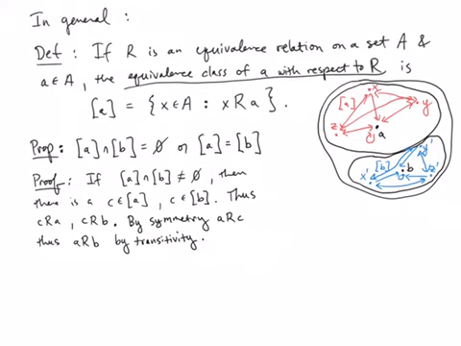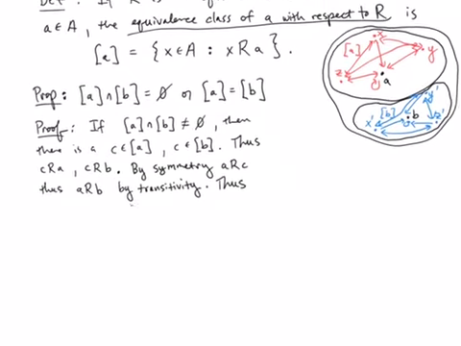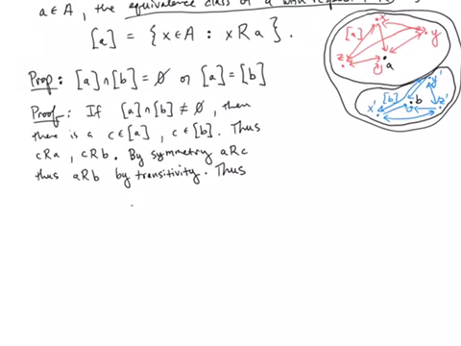So A related to B. Well, in the case of mod n, when K and L were equivalent mod n, the equivalence class of K and the equivalence class of L were equal. So we'll just have to prove the same proposition we proved then.